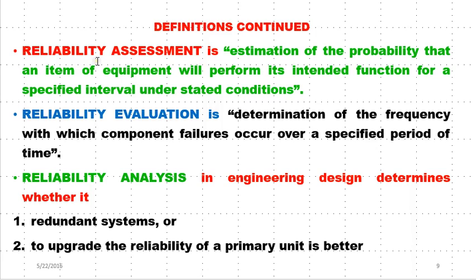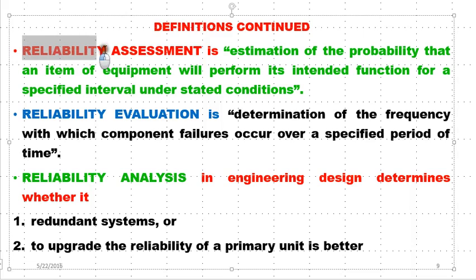Now the definition continues, and here we are going to define some terms related to reliability. The first one is reliability assessment. This is just a procedure of estimating the probability of a system to perform the function under stated conditions and within a given period of time.